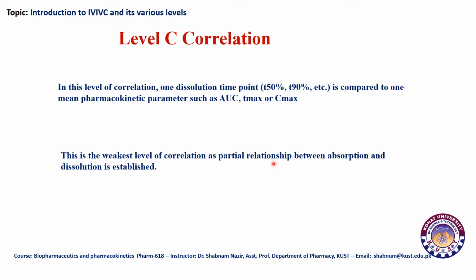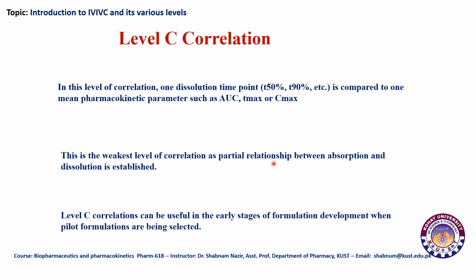Here there is no such thing, but simply the certain time points at which dissolution has occurred to a certain extent are being compared with various pharmacokinetic parameters. That could be any parameter which you pick up, so this is a partial relationship, and this is the weakest level of correlation, and usually it is useful in early stages of formulation development when pilot formulations are being selected.